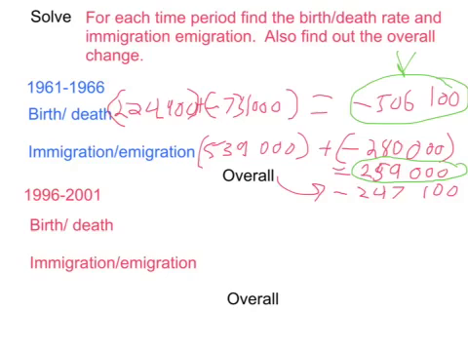So let's do the same thing for 1996 to 2001. The mathematics here is basically a repeat, so if you had trouble following it the first time, perhaps it'll make more sense this time. I'm going to take the birth rate, which is much bigger, and I'm going to compare that to the death rate, which should be negative.